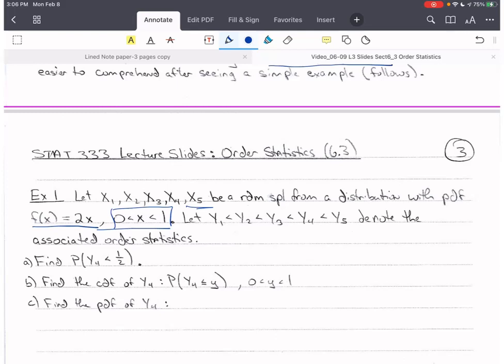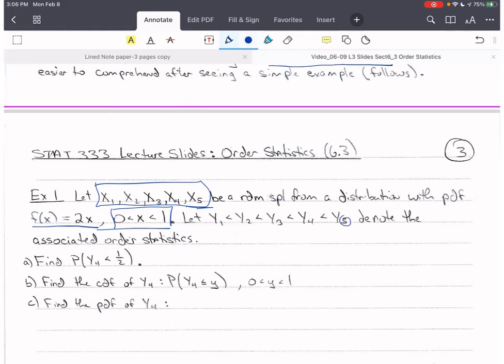And in fact, it is a beta distribution, a very simple one, where alpha is equal to 2 and beta is equal to 1. Let y1, y2, up to y5 denote the associated order statistics, that means associated with the x1 to x5. I said n, but I meant 5.